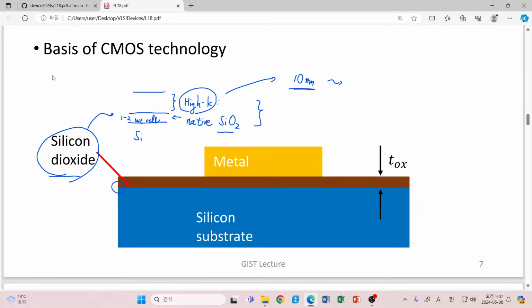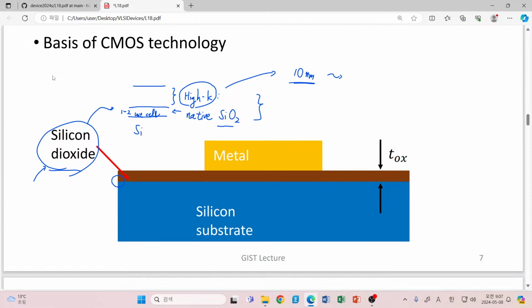So I assume that all of you understand this basic understanding, but let me come back to our pure silicon dioxide, because nothing has changed as far as understanding these details. And here we have a silicon substrate. If we consider an N MOSFET, then usually this silicon substrate is doped with p-type dopant.